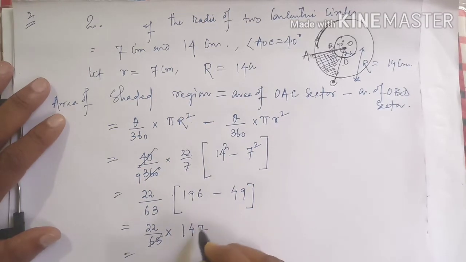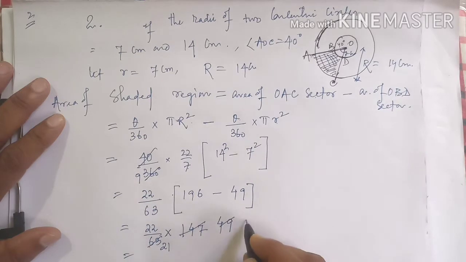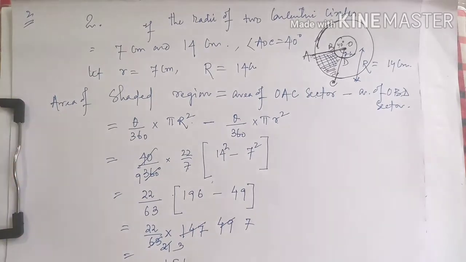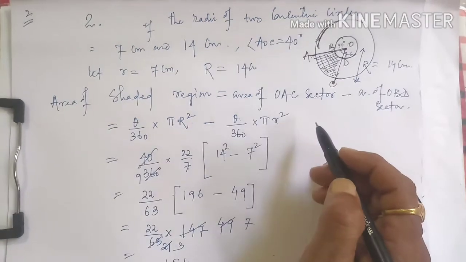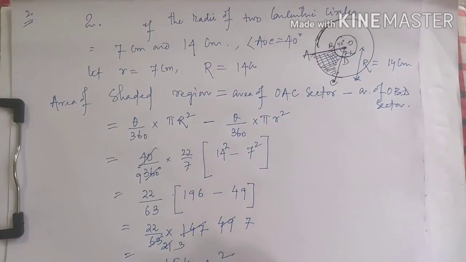If we can cancel here, 154 by 3. So the area of the shaded region we can calculate by subtracting this part, and we will get the remaining part is 154 by 3 square centimeter.